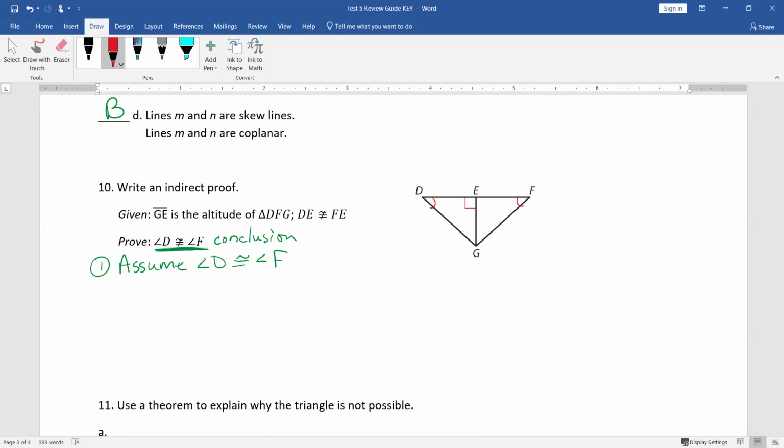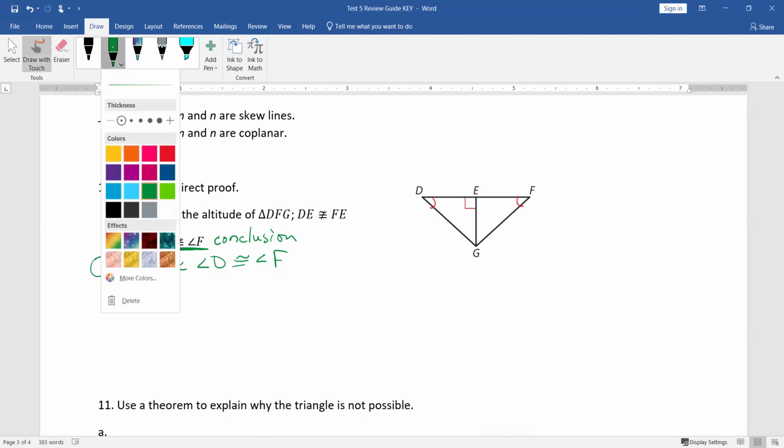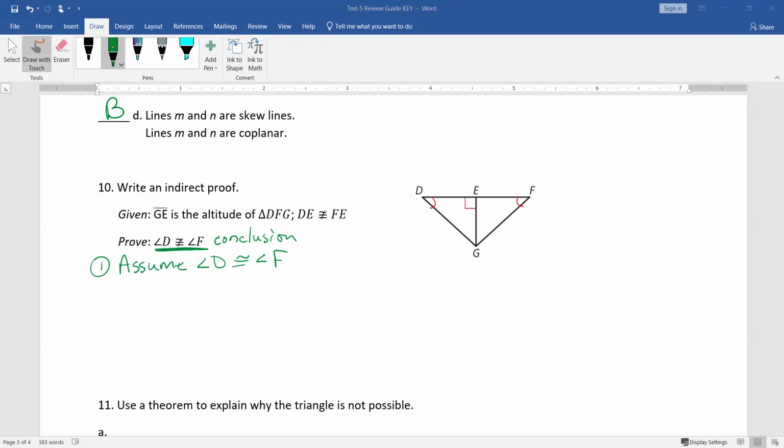So that tells us that angle DEG and angle FEG are right angles.